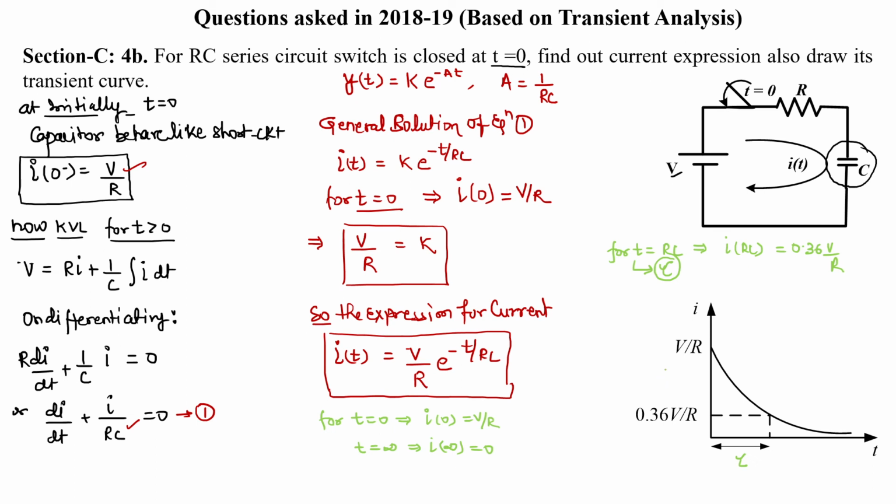So the time constant of the RC circuit is what? In terms of current, when the value of current becomes 0.36, or 36% of its initial value, then the time is known as the time constant and represented by tau.